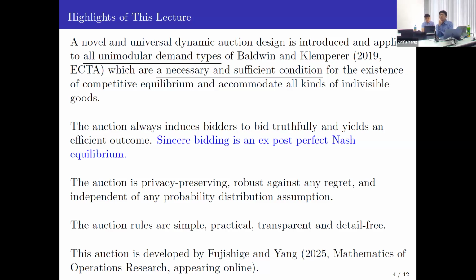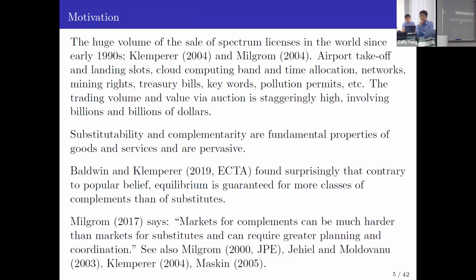Okay. So what is extremely important is that before this paper, there was a general belief that equilibrium could only exist for substitutes, mostly just substitutes. What they found is that there are actually more classes of complements than substitutes under which you have a competitive equilibrium.